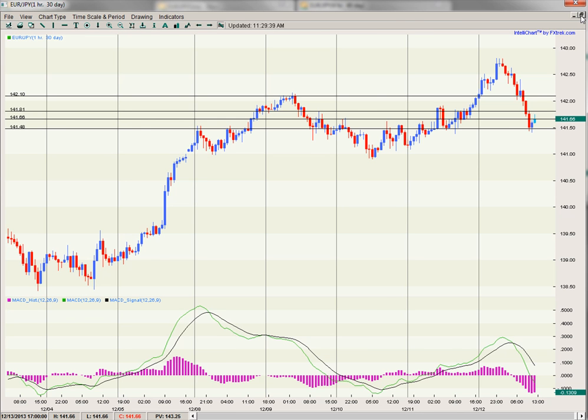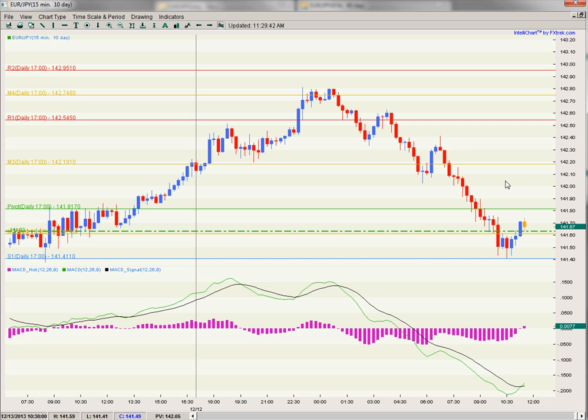Pattern number 6. And in fact, if I go to my 15-minute chart, I'll show you here. It came up to this level right here. And when it did that, it ended up being our pattern number 6 sell.